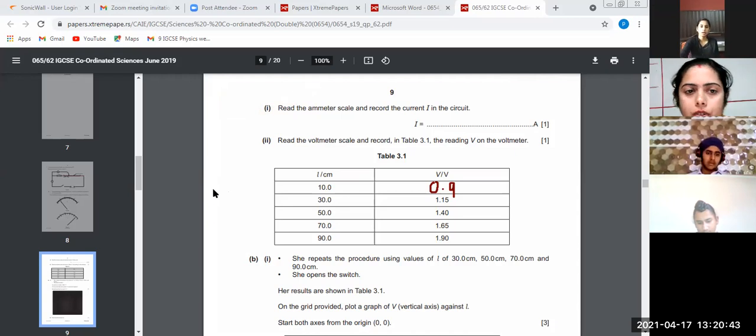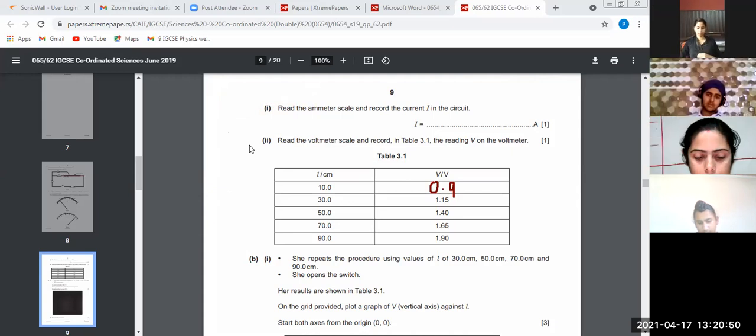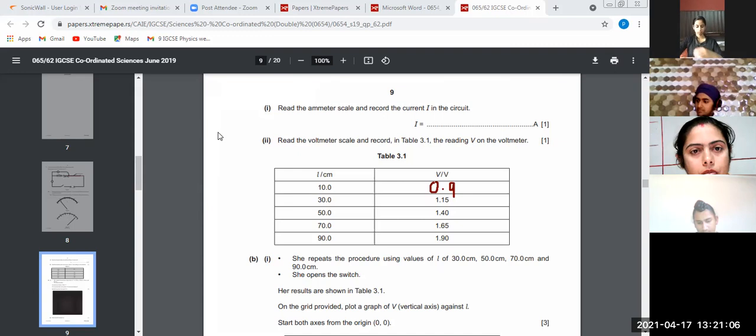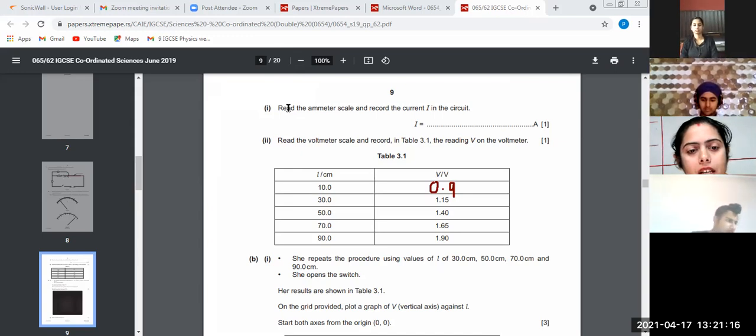Okay, no issues, no issues. Okay, Navjot is also done. Dilpreet, speed up. No problem. Give a try, then we are going to do it.